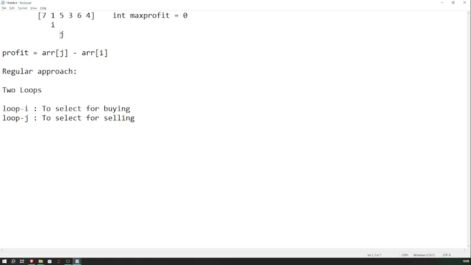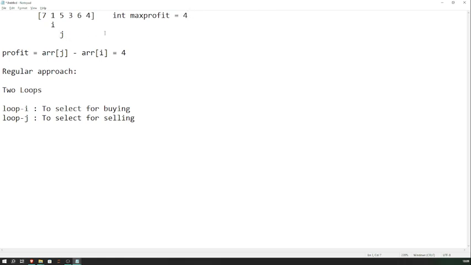So I have bought on 1 and I am selling on 5. So 5 minus 1 is 4. So profit becomes 4. Now we will compare it with maxProfit. So maxProfit is 0, 0 is less than profit, so maxProfit becomes 4.